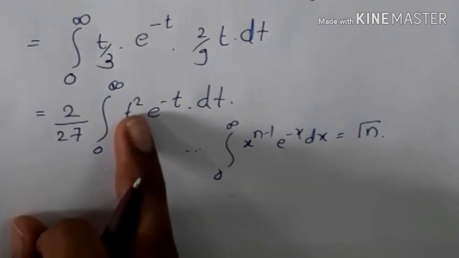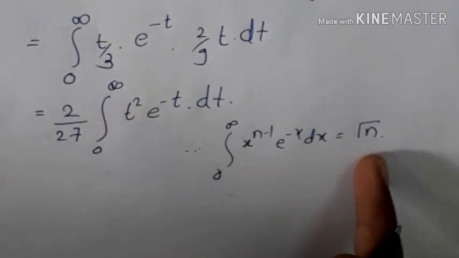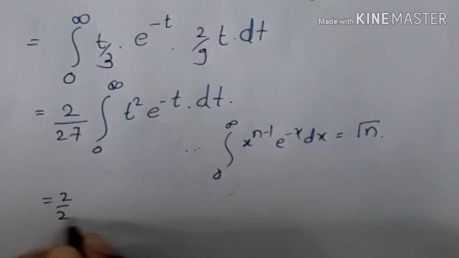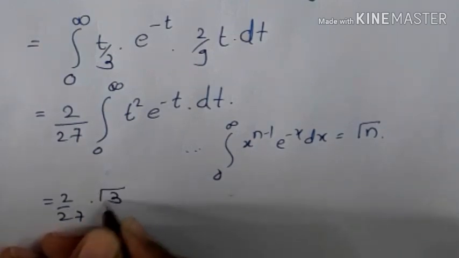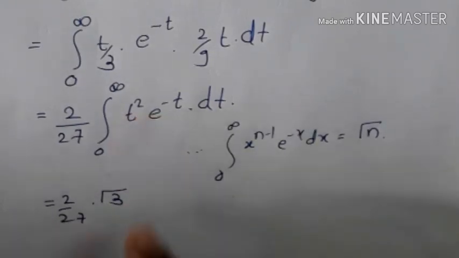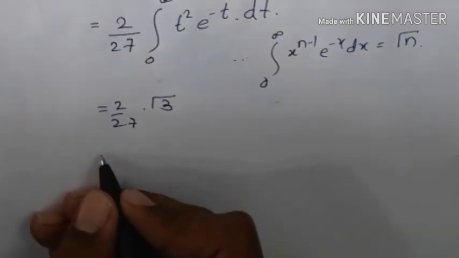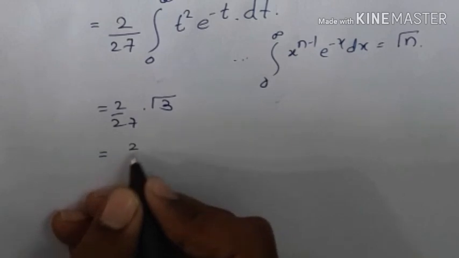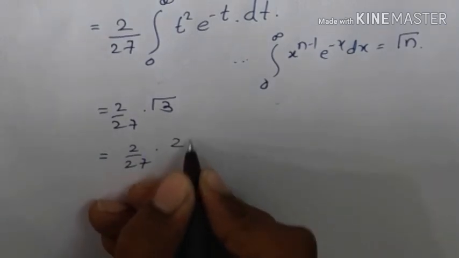Here the power is 2, therefore in gamma we take n as 3, because n minus 1 is 2. So we get 2 by 27 into gamma 3, which is nothing but 2 by 27 into 2 factorial.